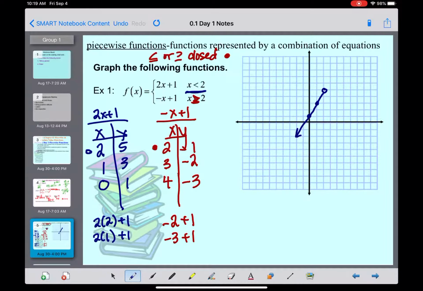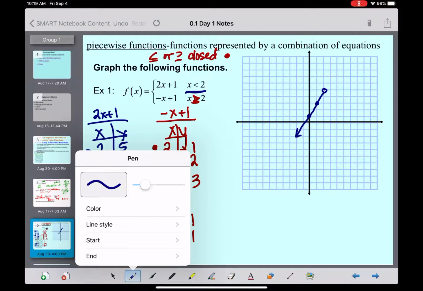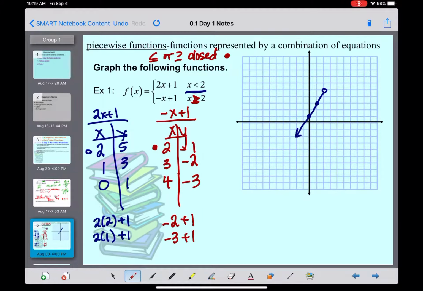Make sure that you don't continue it on this side, because that side doesn't fit into that equation. Those x's are going to be greater than 2. So I always plot that open or closed circle first, and then I draw the line going in the direction of my other points.